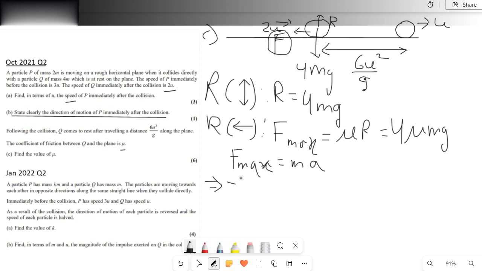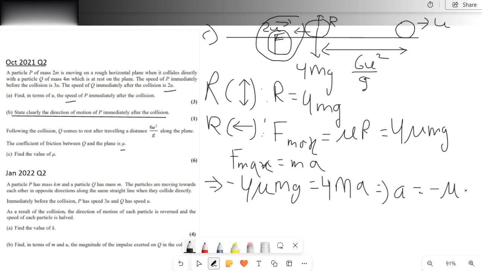So F max should be minus 4 mu mg, just to show that F is acting opposite to the motion of the particle, so it is resisting and should be negative, equal to mass, which is 4m, multiplied with a. So the acceleration is minus mu g.